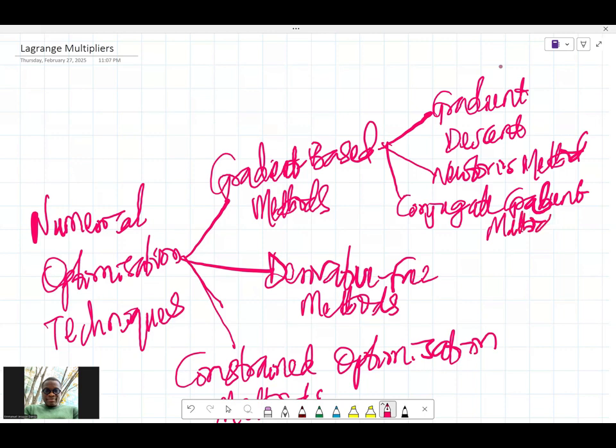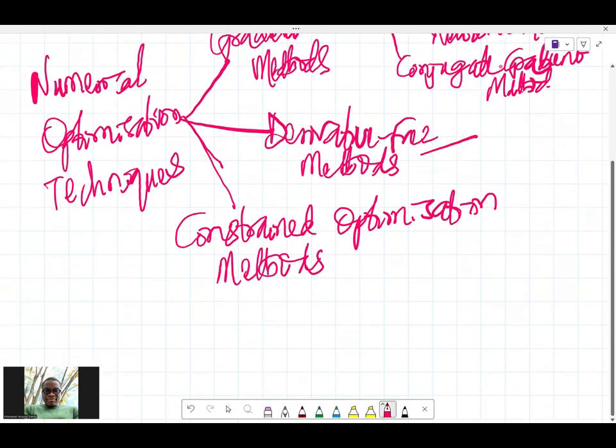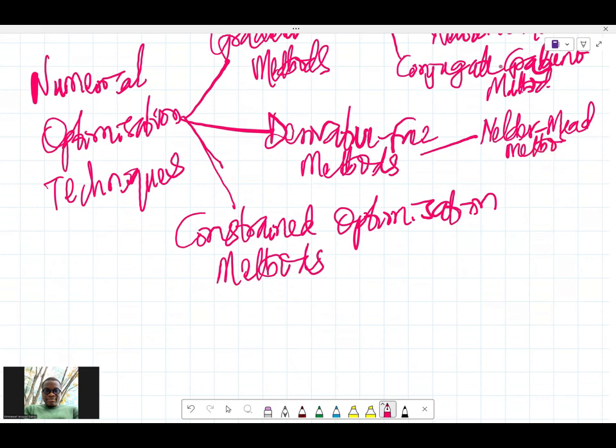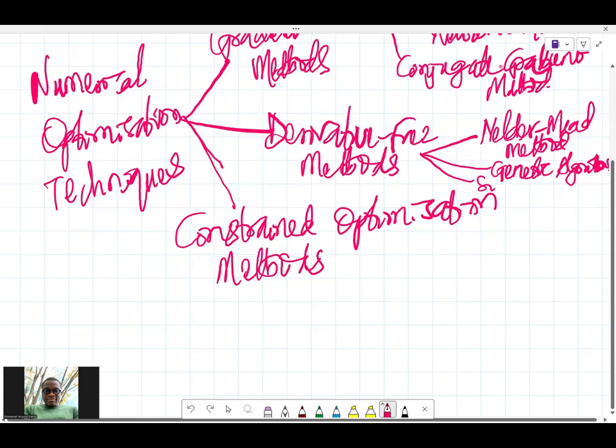Then under derivative-free methods, we saw the Nelder-Mead method, genetic algorithms, and simulated annealing.